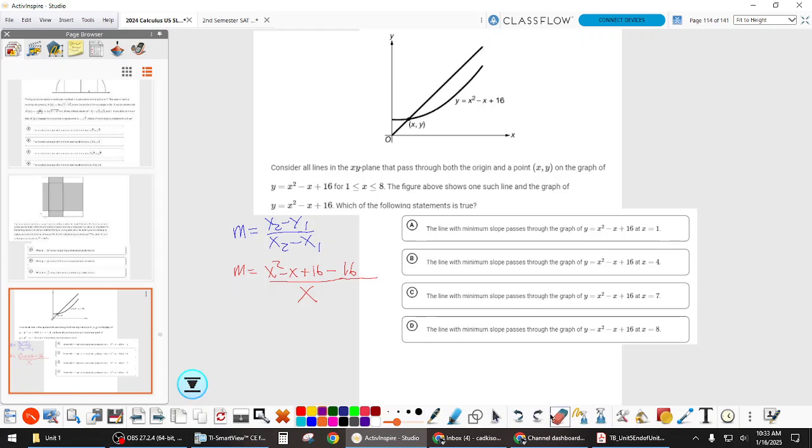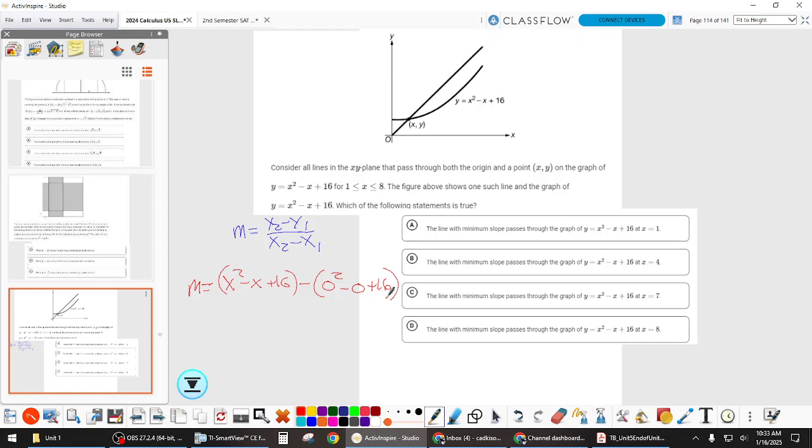Okay, let me write it out. This is your y1. So our y2, the thing on the parabola, is just the x squared minus x plus 16. And then we would do x being 0 for the second coordinate, for the second y.